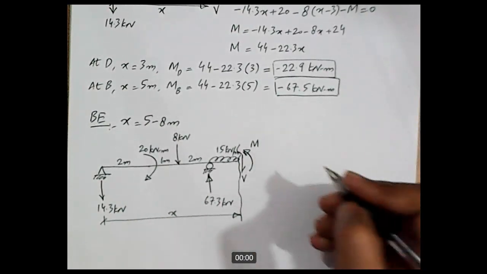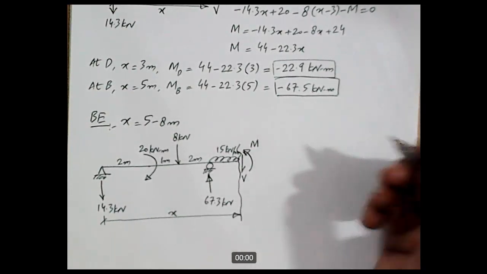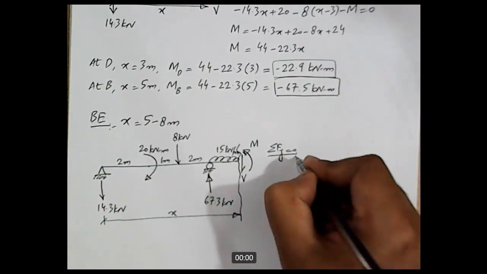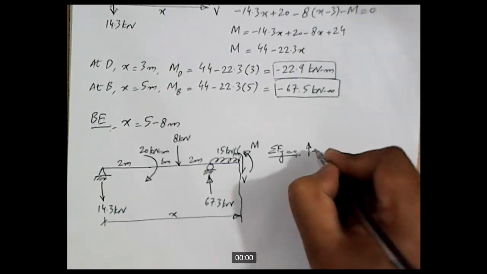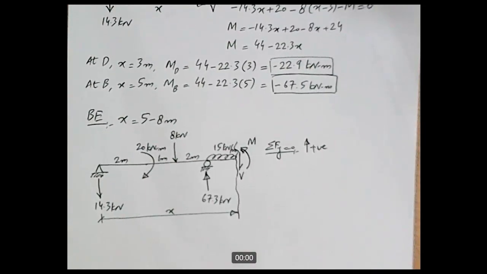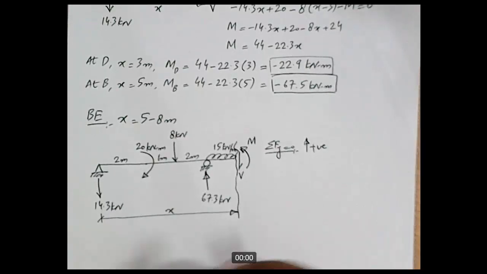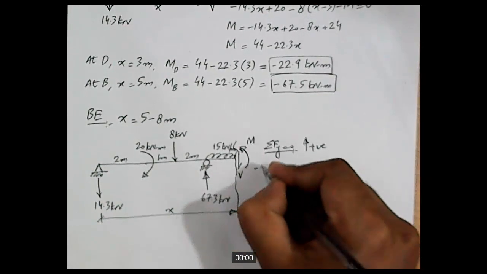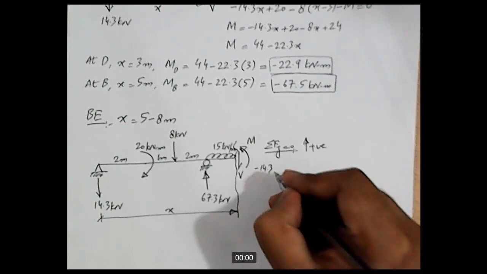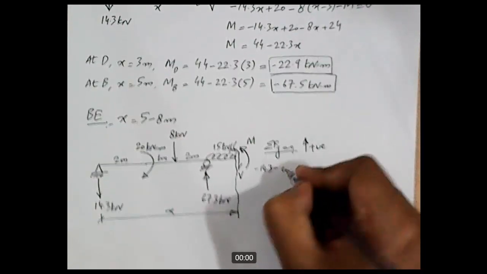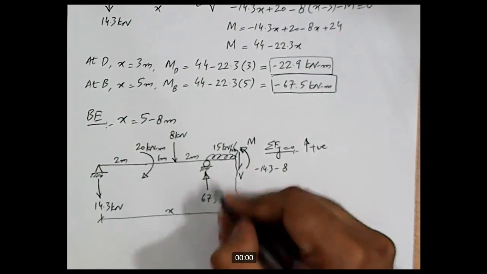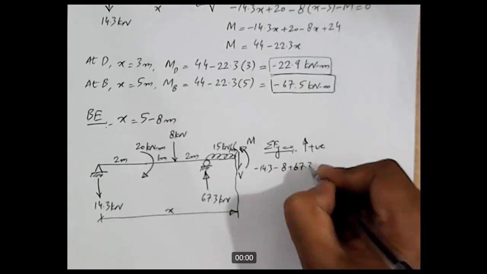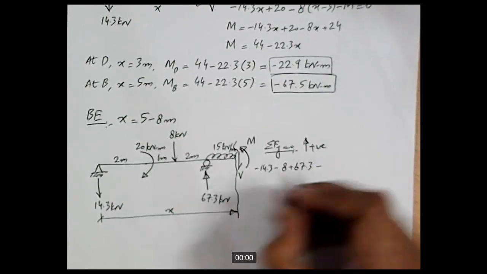Okay, so now let's apply the conditions of equilibrium. Sigma Fy equal to 0, with sign convention, upward forces as positive. So starting from this side, 14.3 kilonewton is acting in downward direction, minus 14.3 kilonewton minus this 8 kilonewton plus 67.3, and then this minus this UDL.